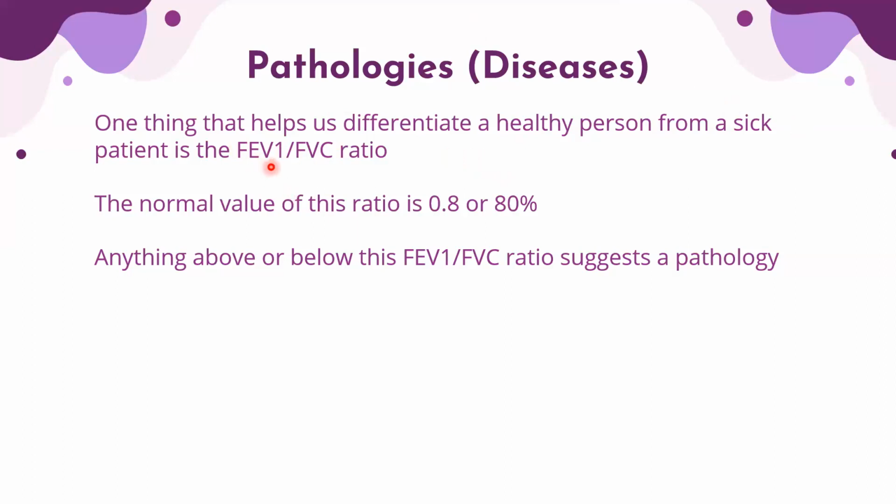When you take these two values and form a ratio, you're supposed to get 0.8 or 80% in a healthy patient. If this value is less or more than 80% or 0.8, that should tell you there is something wrong. There is a disease here. What disease corresponds to what value of this ratio, we'll talk about.